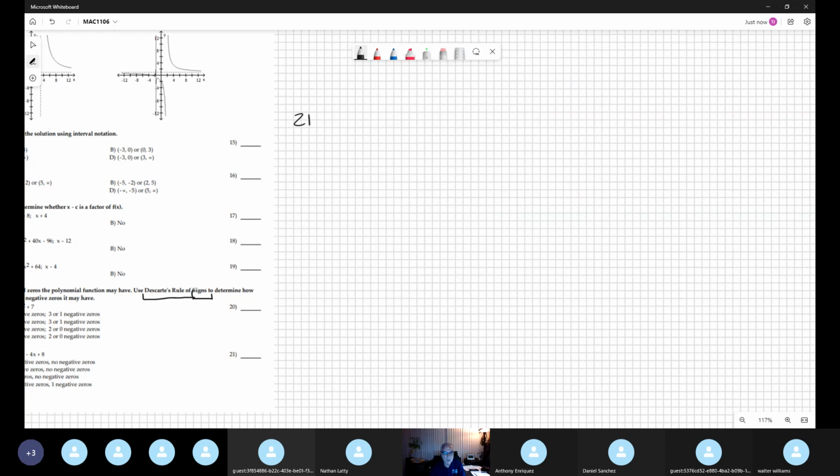Okay, 21. 21: P of x is equal to 8x to the 8 minus 4x to the 7 plus x to the 6 minus 4x plus 8.